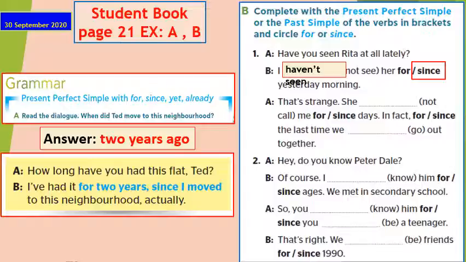The second one: That's strange. She hasn't called me for or since the other day. In fact, since the last time we went out together. Okay, let us check your answers. Yes, she hasn't called. Notice that I use has for a singular subject, then I have the participle of the verb.